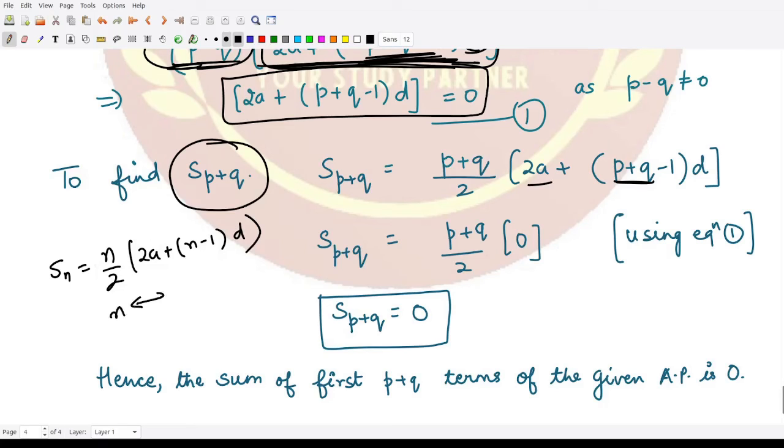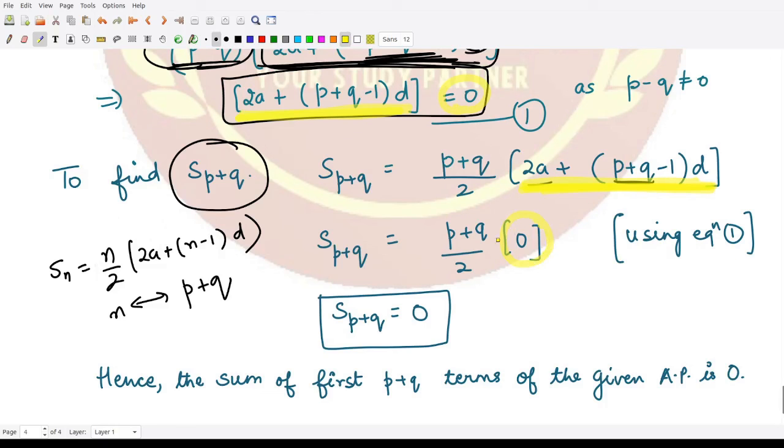Here in place of n, we are using the term p plus q. Now if you look at the term here closely, 2a plus (p plus q minus 1) times d, this is exactly the same term as this one, and here this expression is equal to 0. So this expression is also equal to 0 using our equation 1.